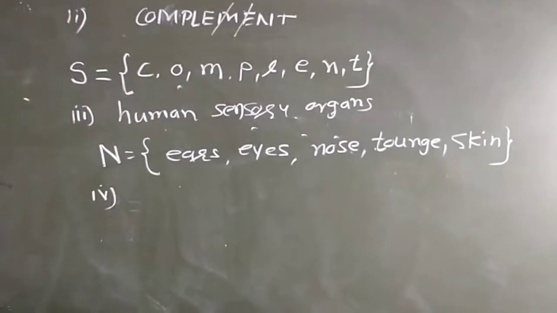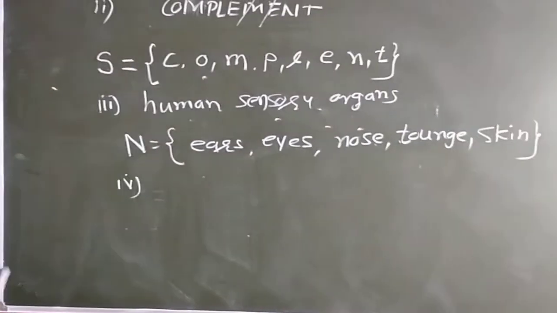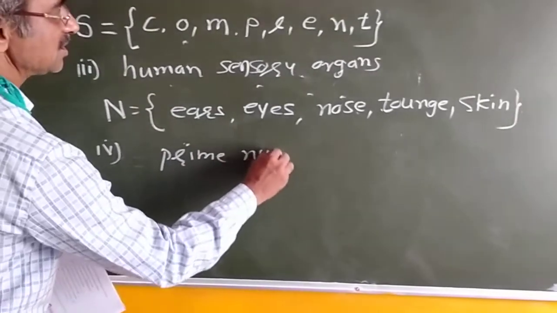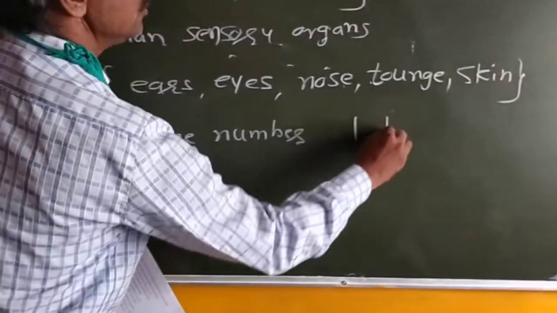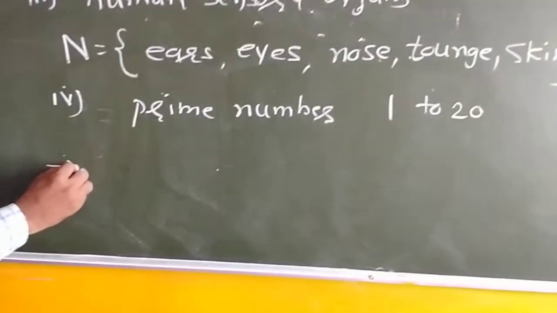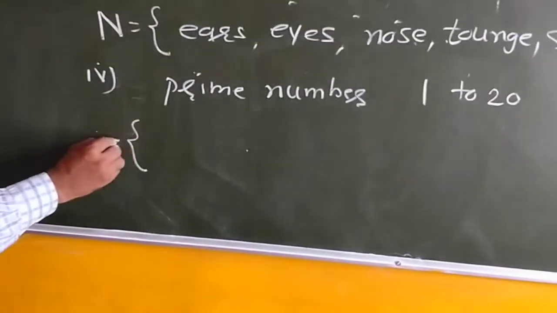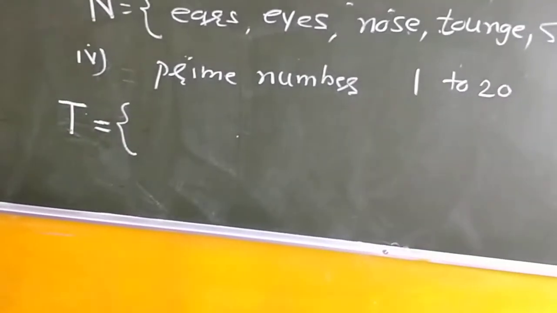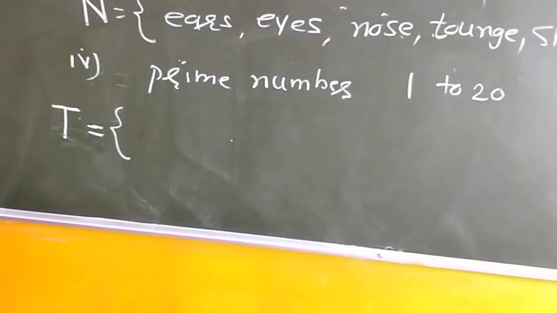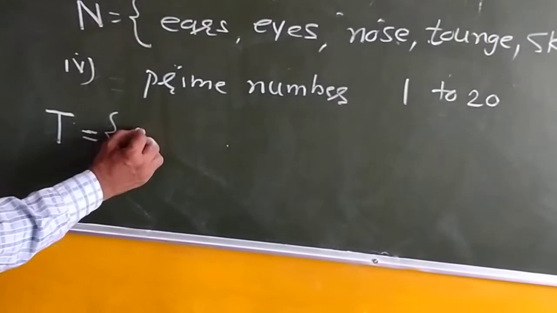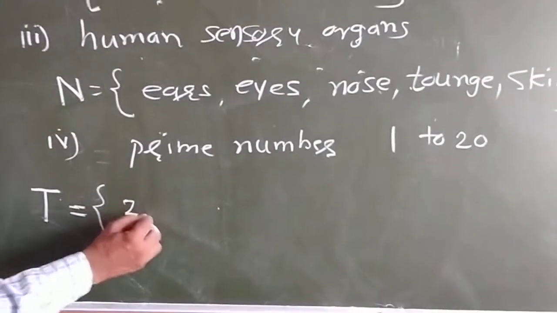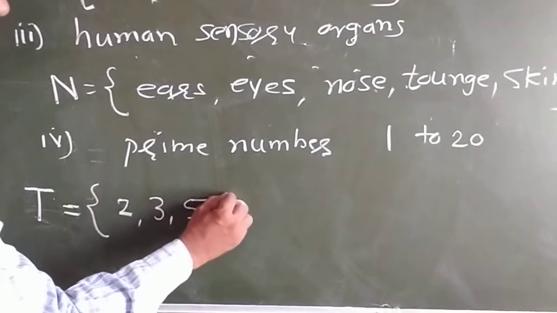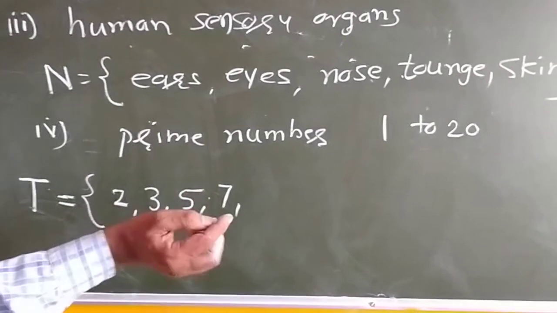Then fourth, set of prime numbers between 1 to 20. The answer: prime numbers from 1 to 20, give any capital letter, suppose it is T. Prime numbers between 1 to 20 means starting from 1, which is not a prime number, so starting from 2, then 3, then 4 is not a prime number, 5, 7, 8, 9, 10.